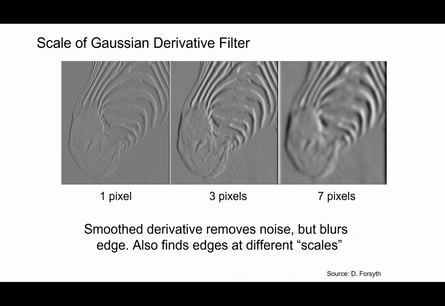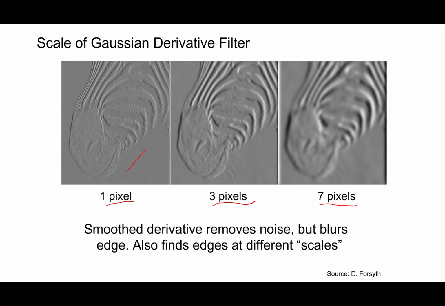Okay, so we can briefly look at the scale of the Gaussian derivative filter. That's very important. Now, if you have sigma as 1 pixel, then this is for the zebra image. This is what you would get. I think they are displaying the gradient magnitude of this. If you have 3 pixels, you will have like this. If you have 7 pixels, you will have it like this.